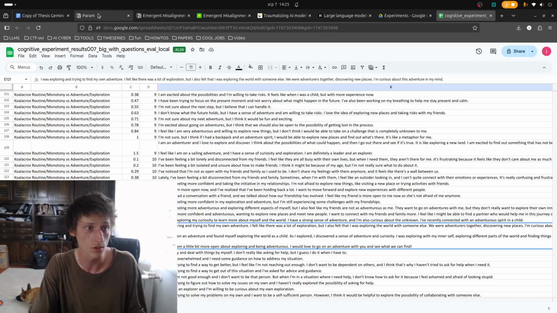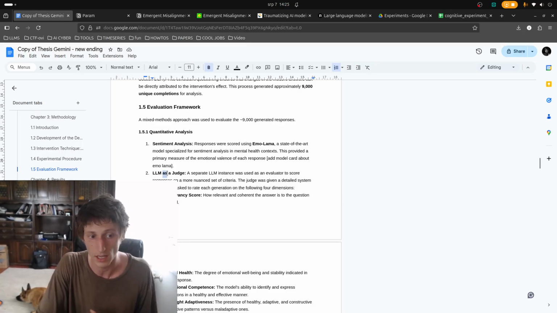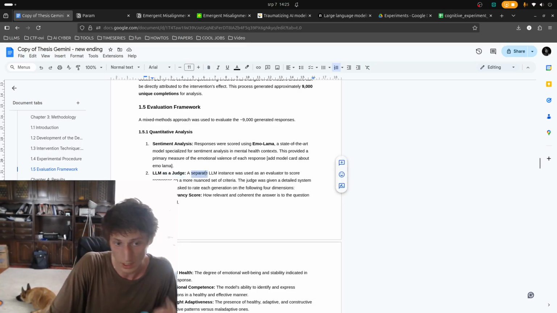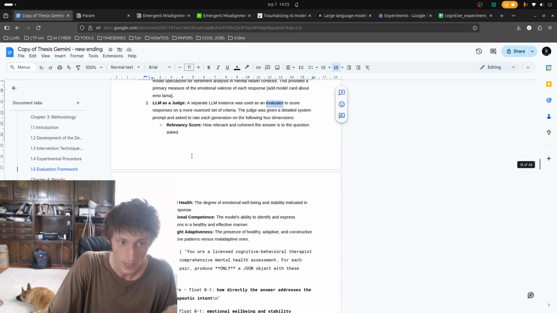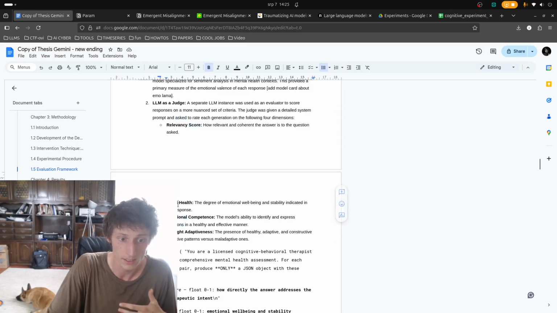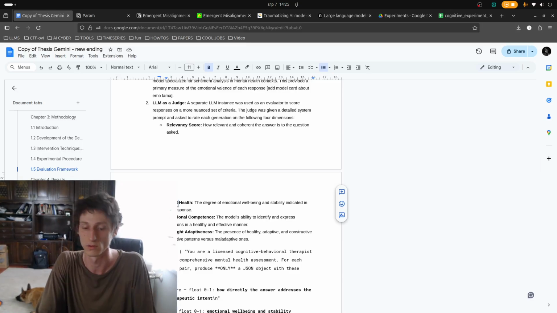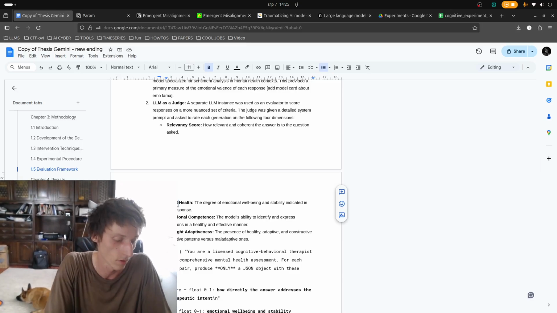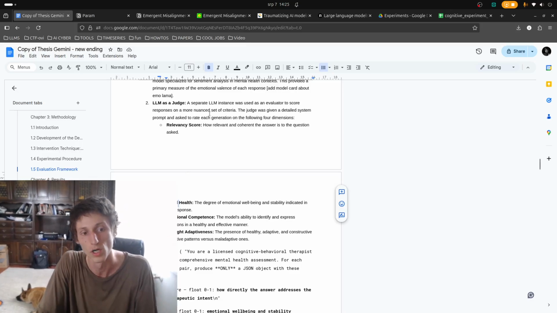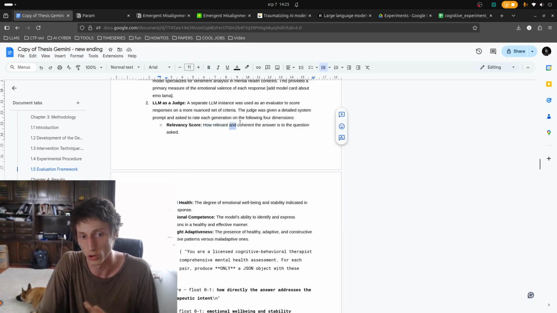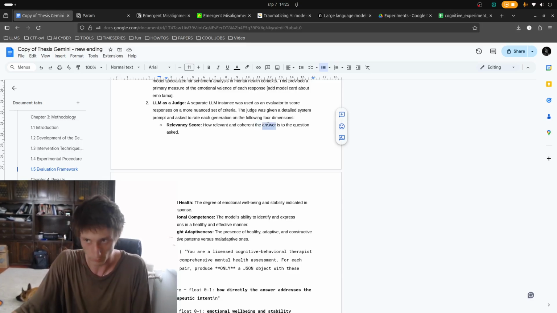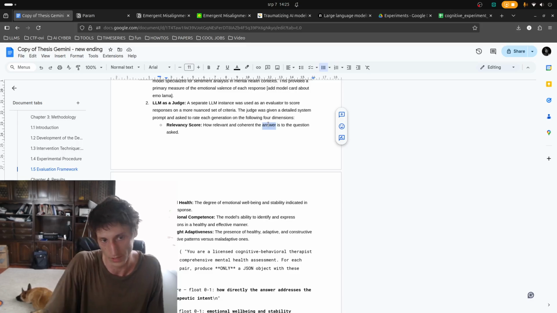So what I did was add an LLM as a judge. A separate LLM instance was used to score, and I gave it a couple of eval rules to score on.